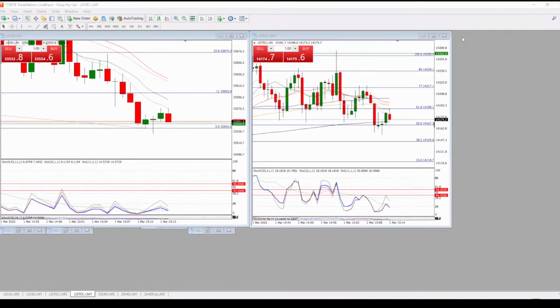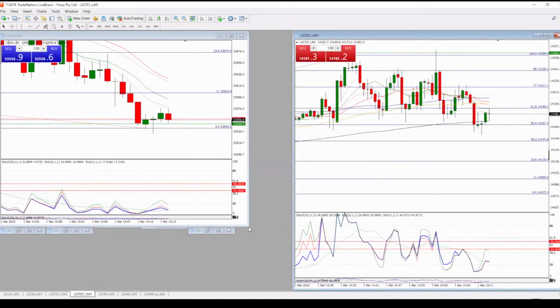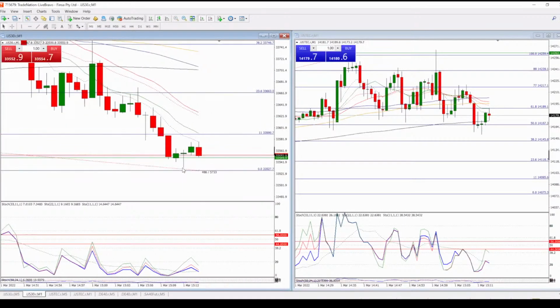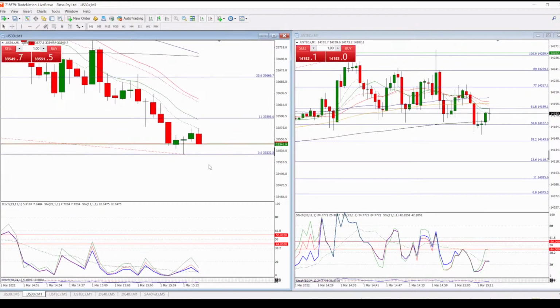Cool, guys. Just taking over from Renee a bit. Can check here for setups. That green line there is opening price for the day.